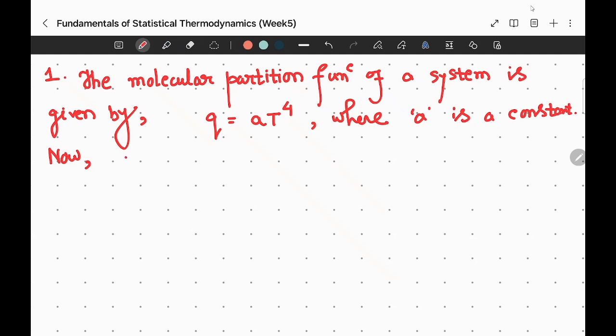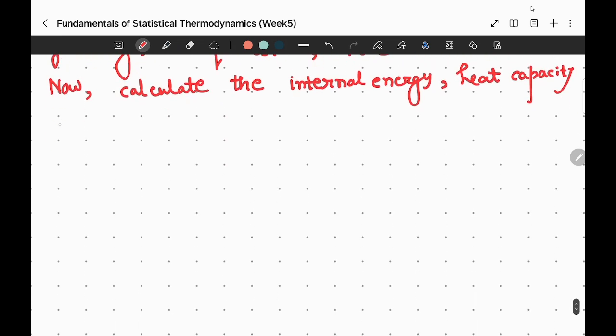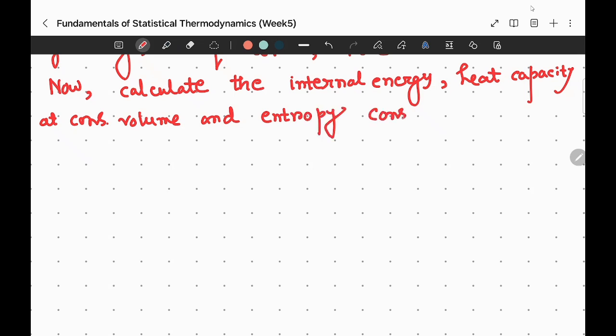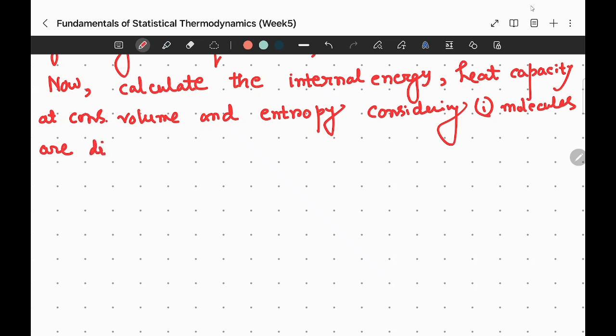Now calculate the internal energy, heat capacity at constant volume, and entropy, considering first that molecules are distinguishable, and second that molecules are indistinguishable.